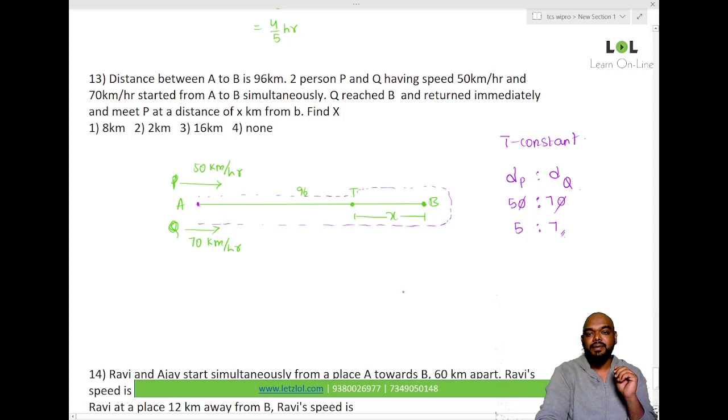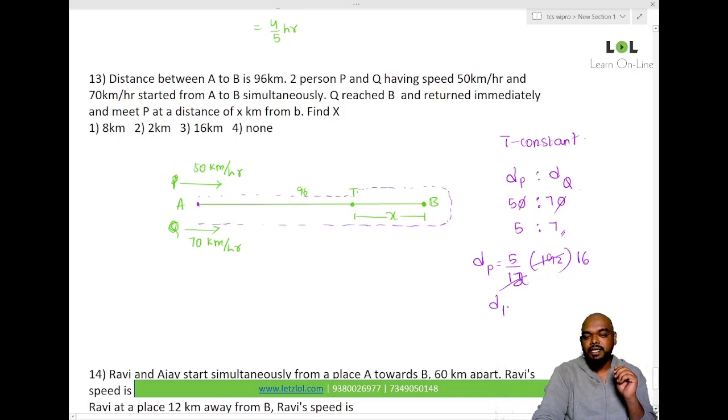5 is to 7. Now if you try to calculate the distance traveled by P, that will be 5 parts out of 5 plus 7, 12 parts, of the total distance. Not 96, twice. Together they covered 2 times 96, that is 192. So 12 into 16 is 192.